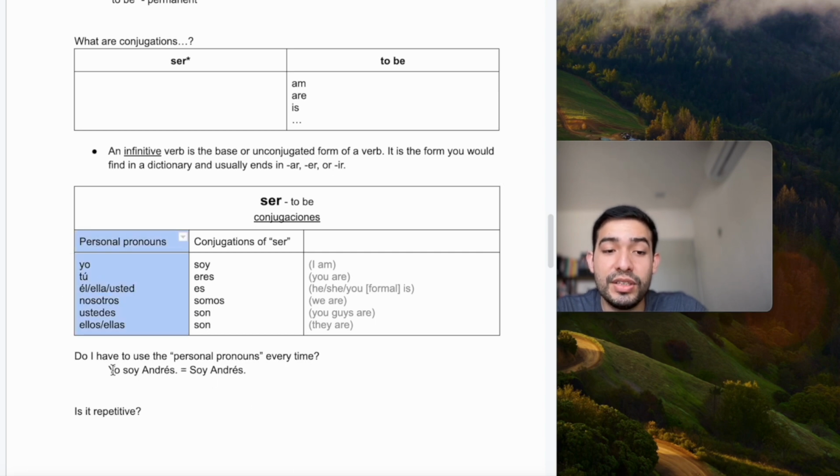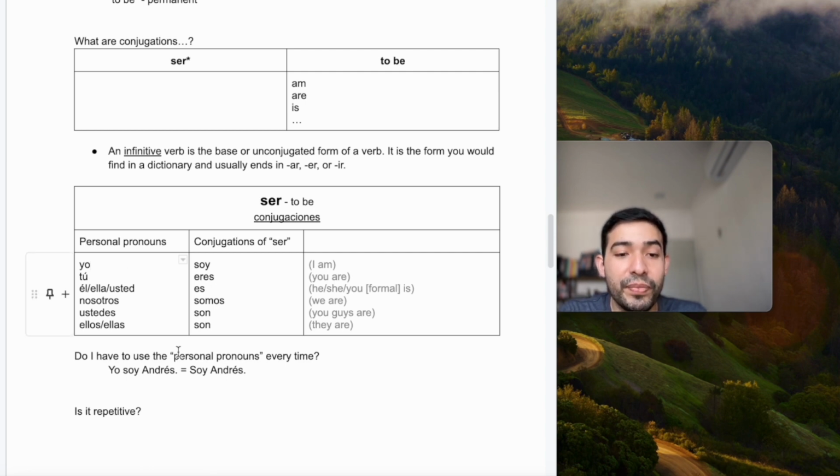So you can either say yo soy Andrés or soy Andrés, right? In most cases, we will drop the personal pronoun because there's something that's called the economy of language, which means if we can say something shorter and faster, we will do it. And that happens in every single language, right? So we will often say soy instead of yo soy.